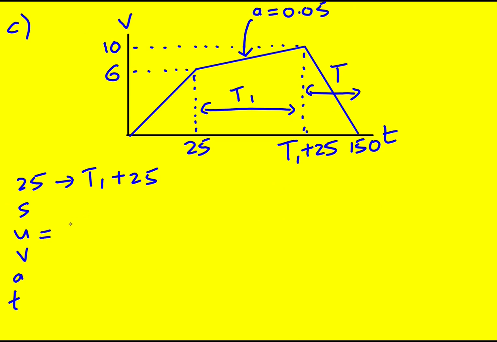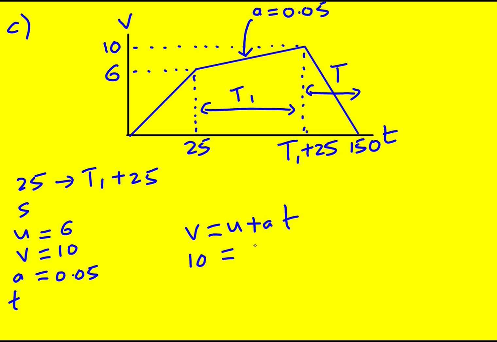So now we have that u is 6, v is 10, and a is equal to 0.05. So I can again use v equals u plus at. The difficulty in this question is really just figuring out what you're actually trying to calculate.